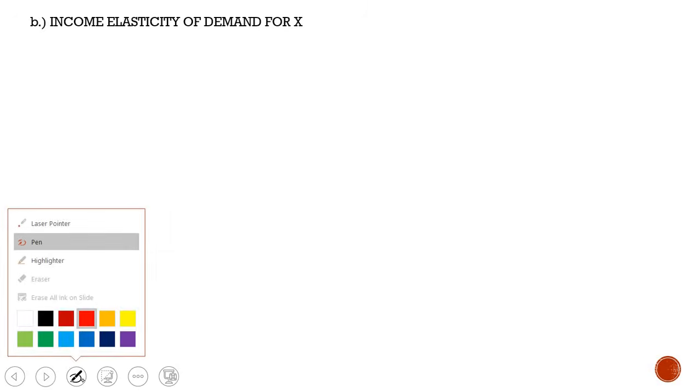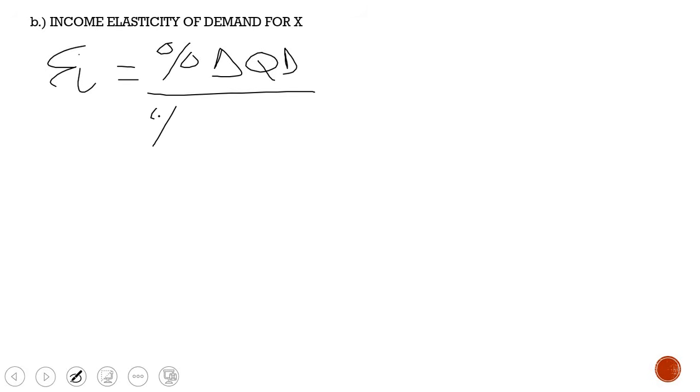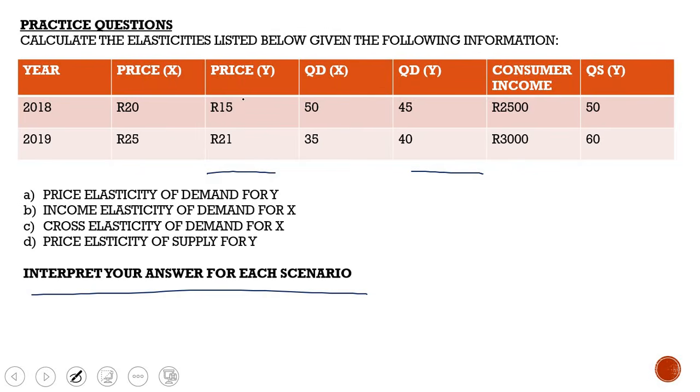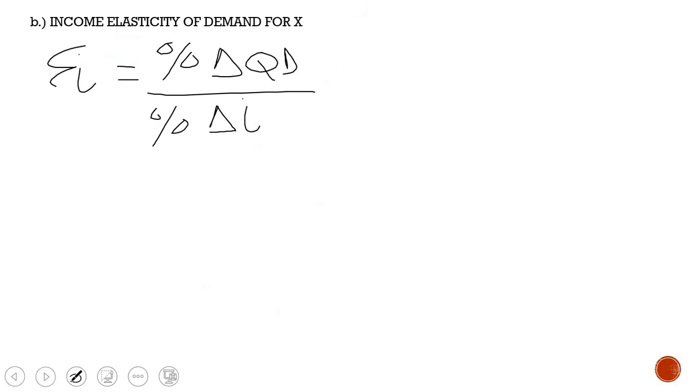Next one. It says income elasticity of demand for X. So for income elasticity, E of I is equal to the percentage change in your quantity demanded over the percentage change in your income. If we go back, it's income elasticity for X. You look at the quantity demanded for X, which is 50 and 35, and our income changed from 2,500 to 3,000.